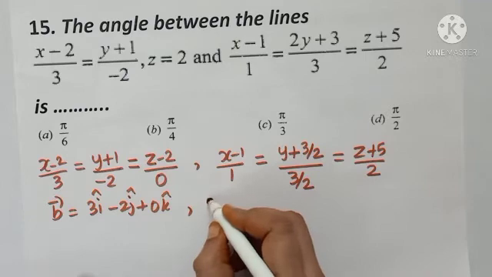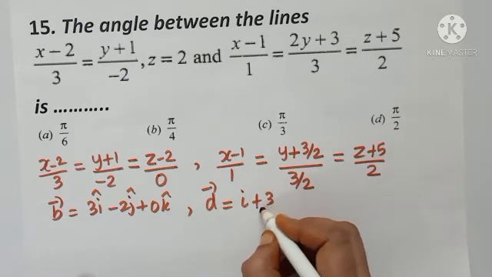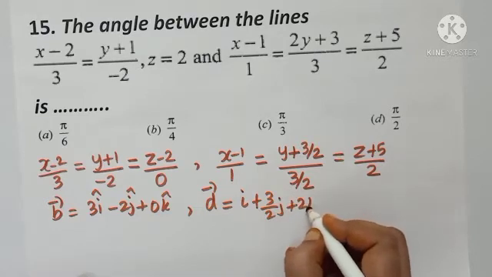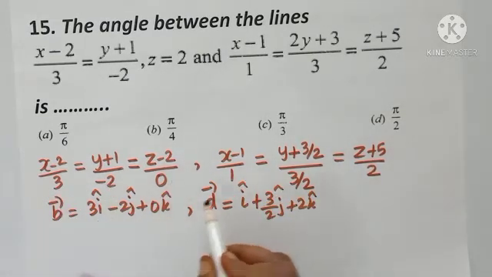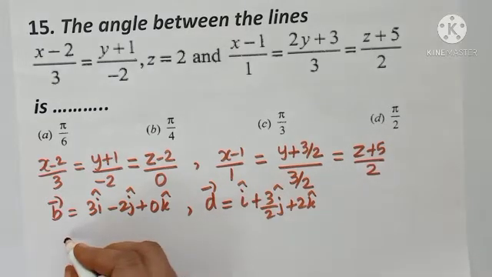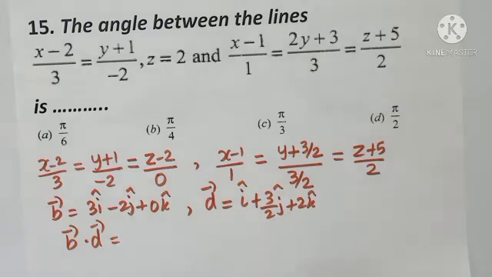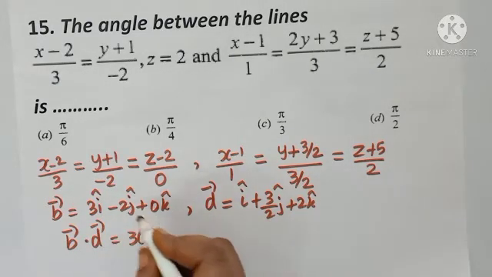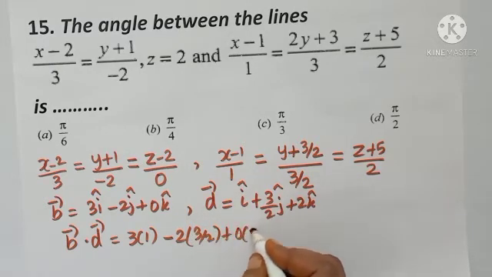And this direction as D vector, i plus 3 by 2j plus 2k. So direction, I write the denominator. Find out what is B dot D. I get 3 into 1 minus 2 into 3 by 2 plus 0 into 2.